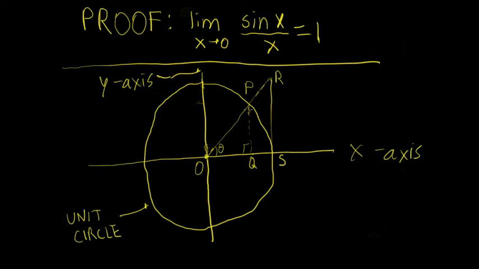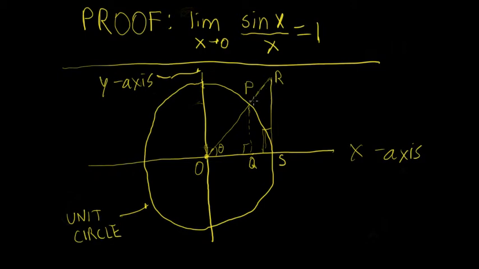We have sector OPS. This is this little chunk of a pie here, and it has angle theta. And here we have right triangle ORS, with a little box to denote that it is a right triangle. S is the point where the x-axis cuts the unit circle, and a perpendicular is extended up to point R here.